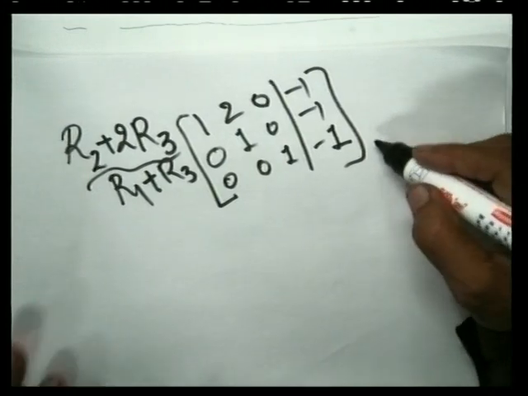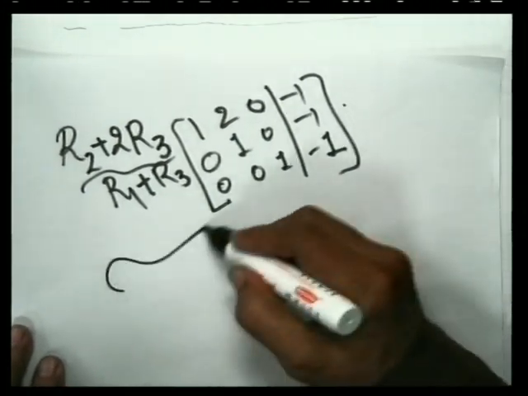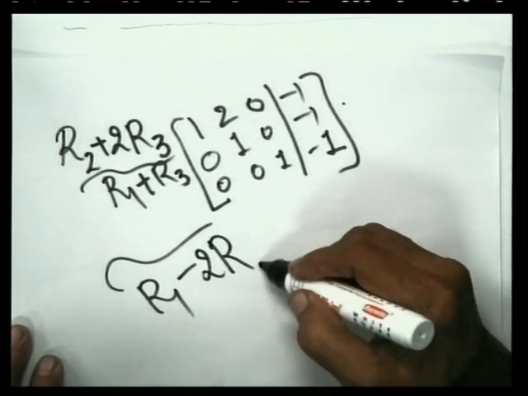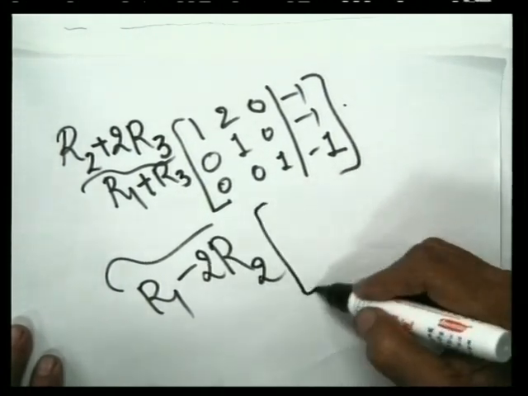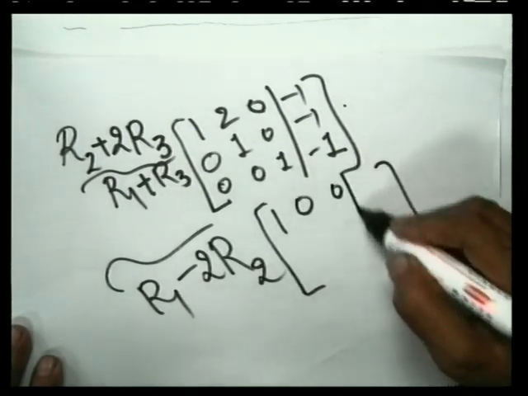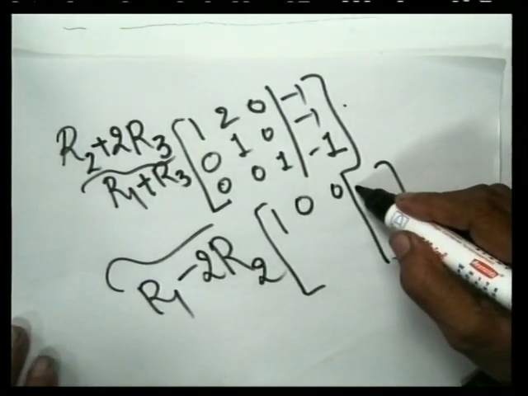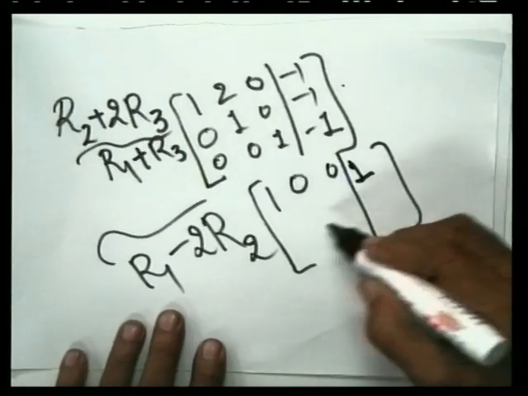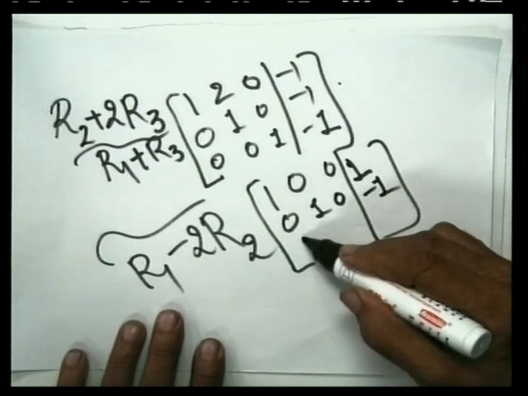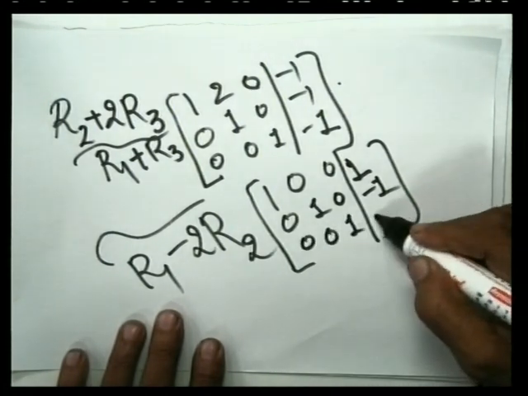Now we operate from first row, we are subtracting 2 times of second row. In that case we got 1 0 0 1, then 0 1 0 minus 1, 0 0 1 minus 1.